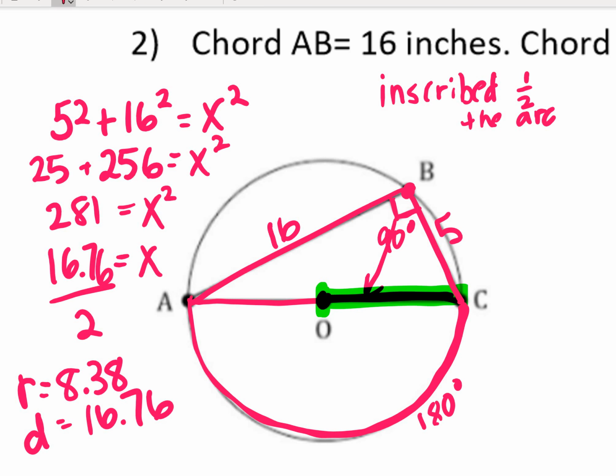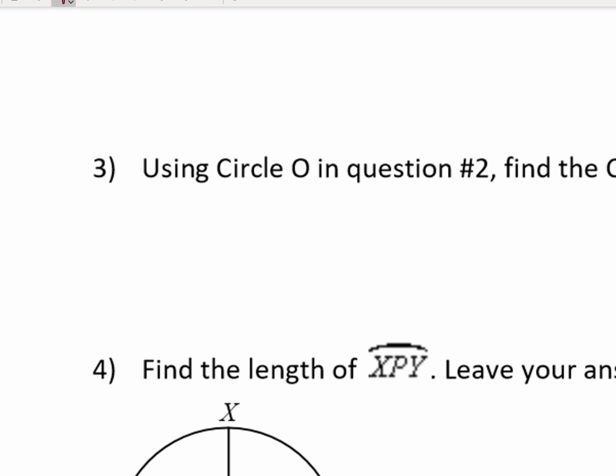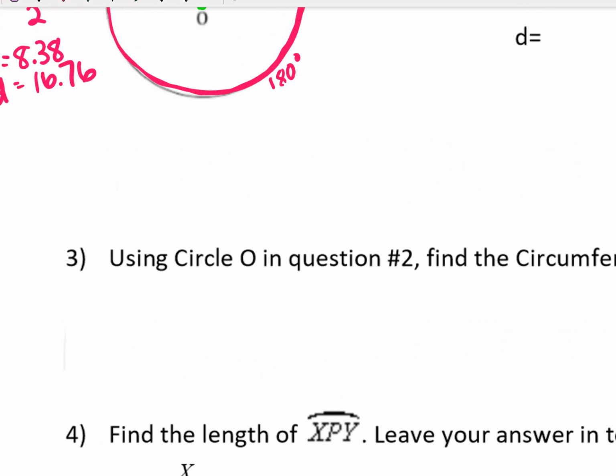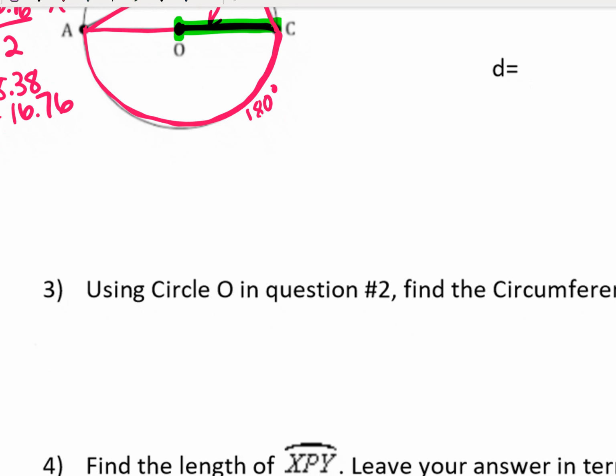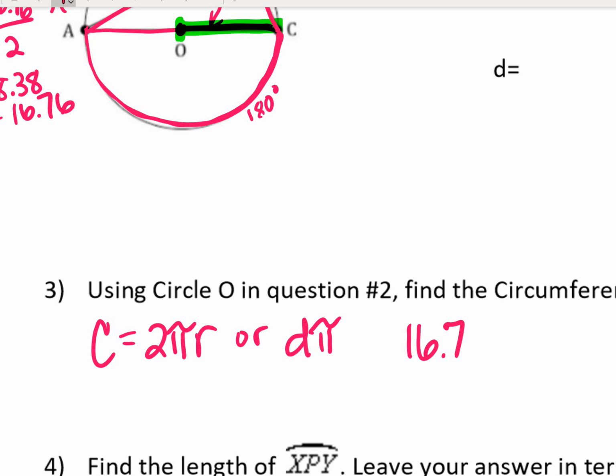All right, number 3. We're using the same circle, find their circumference. So we just need to, let's get these numbers back. Circumference is 2 ways to do it. 2 pi r, or the diameter times pi. I've got the diameter, so I'm just going to say 16.76 pi.